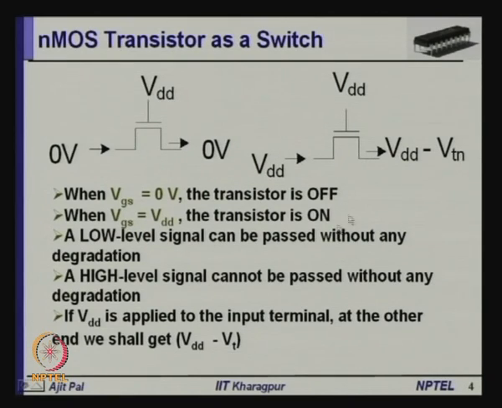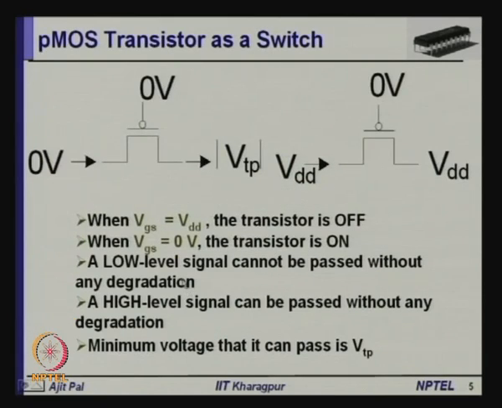So, this is the characteristic of an NMOS transistor as a switch, and similarly if we use a PMOS transistor as a switch, when VGS is equal to VDD, the transistor is off. If you apply VDD here, the transistor is off, and when VGS is equal to 0 volt, the transistor is on.